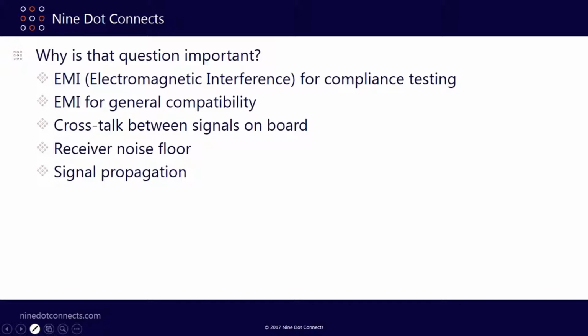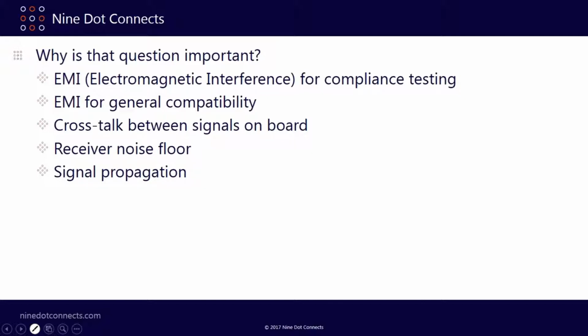Now the question I pose opening this webinar with: why is it important? It's important because EMI is a problem for quite a few people. If you're not familiar with the term electromagnetic interference and you're new to design, you'll learn real quick what EMI is.